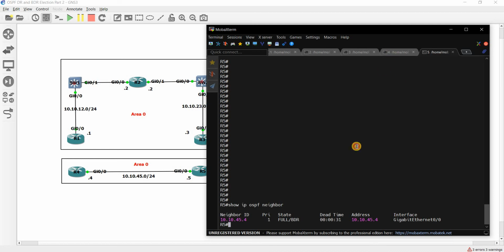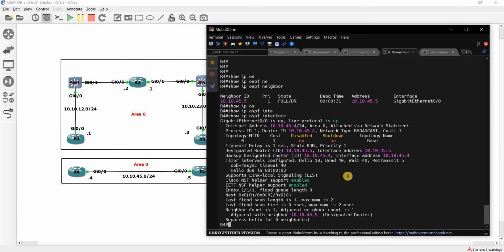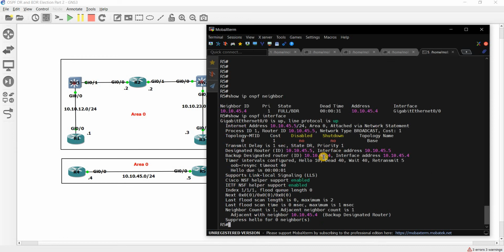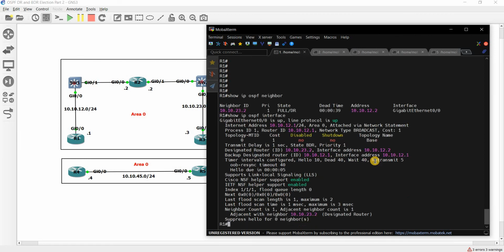I want to check something here, because I just thought about this now. Let's see, the network type is broadcast. So that's Ethernet. And let's check on the other side. So broadcast. I think this would be the same on R1 as well.